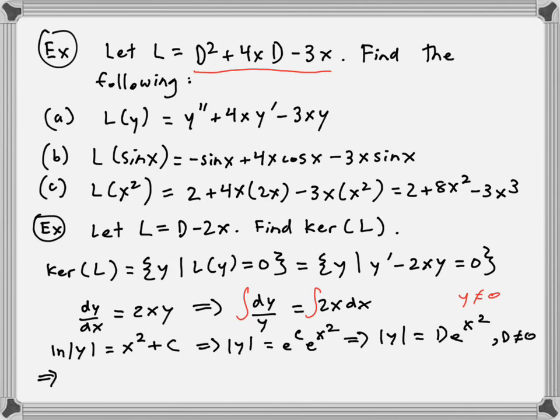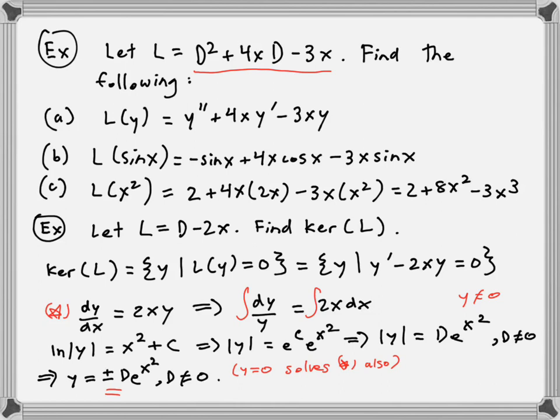So this means that y is equal to plus or minus d e to the x squared, where d is not 0. But here's the thing, if you look at the original differential equation right here, you notice that y equals 0 does solve, if we call this star, solves star also. And so we could just throw in the d equals 0 case, because y equals 0, you get that by just setting this d right here equal to 0.